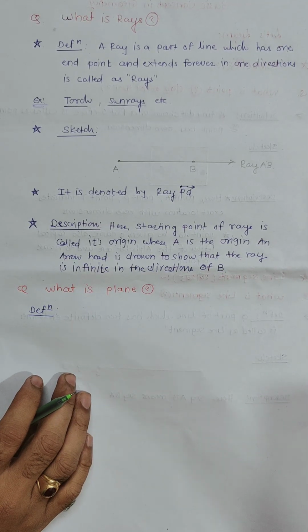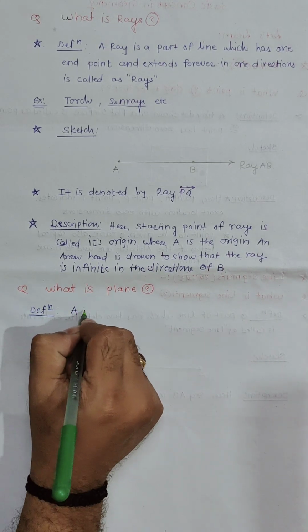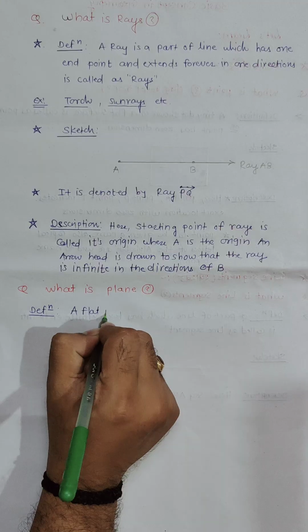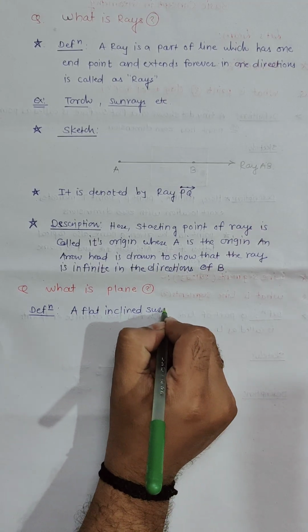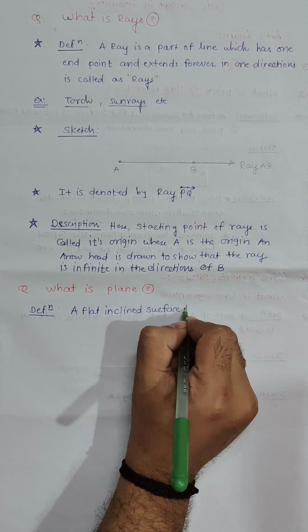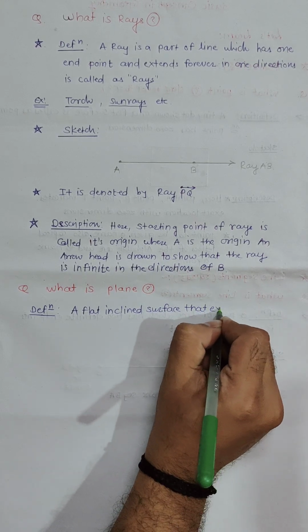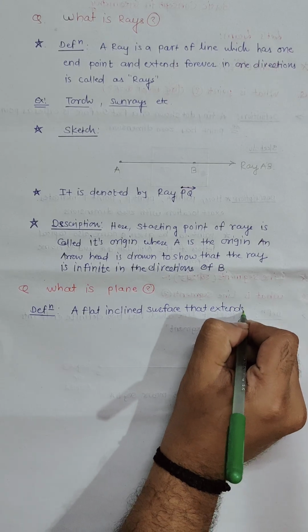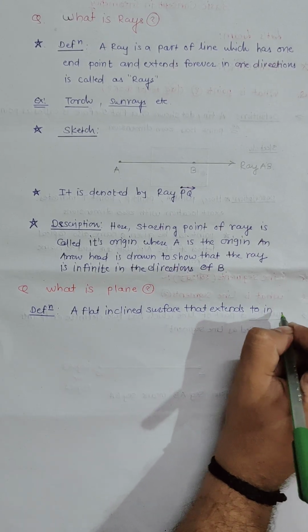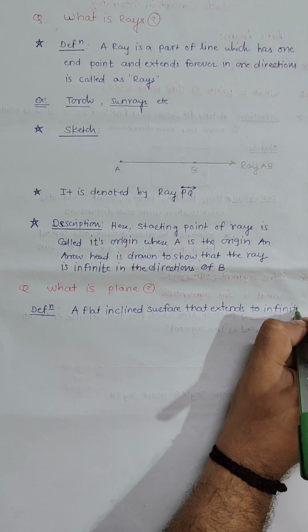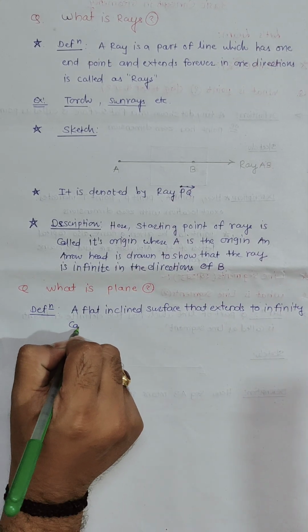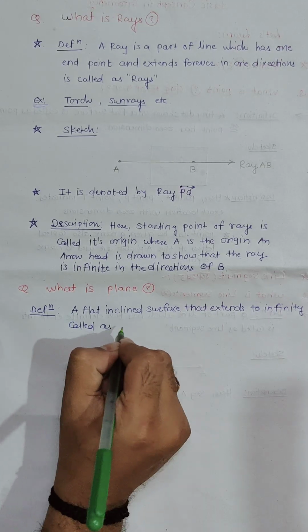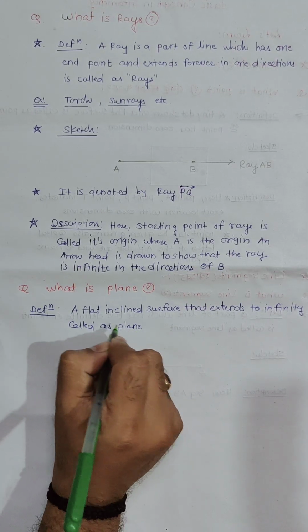What is a plane? A flat inclined surface that extends to infinity is called a plane.